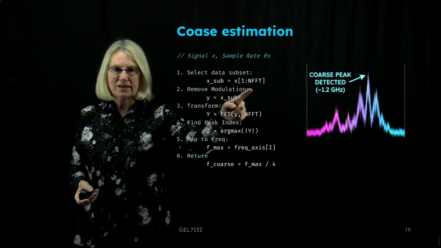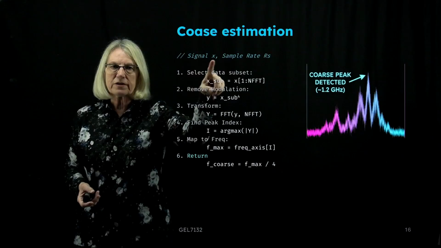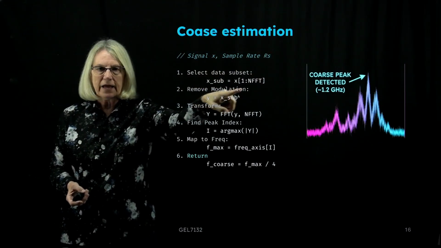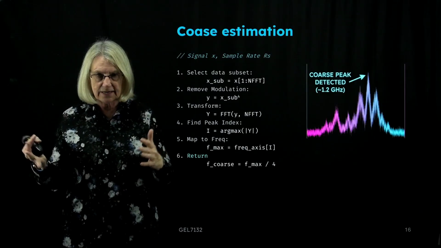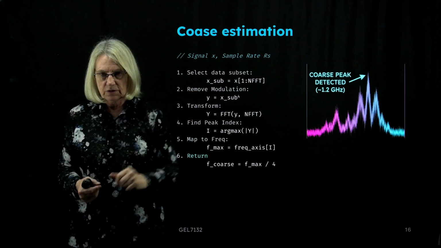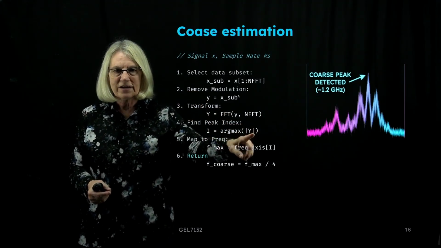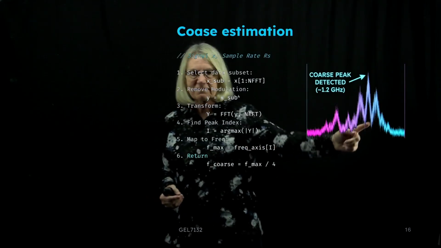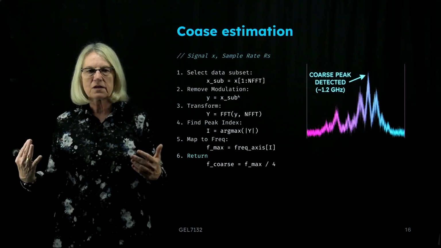I take some subset of my total amount of data. I enter in my data and I have my sampling rate, which is available to me. I pick some size of my FFT, which is a reasonable size for complexity. I, of course, put my subset of the data to the 4th power. I calculate the FFT, and I look at where the maximum is, and then I ask what frequency this maximum occurred at.